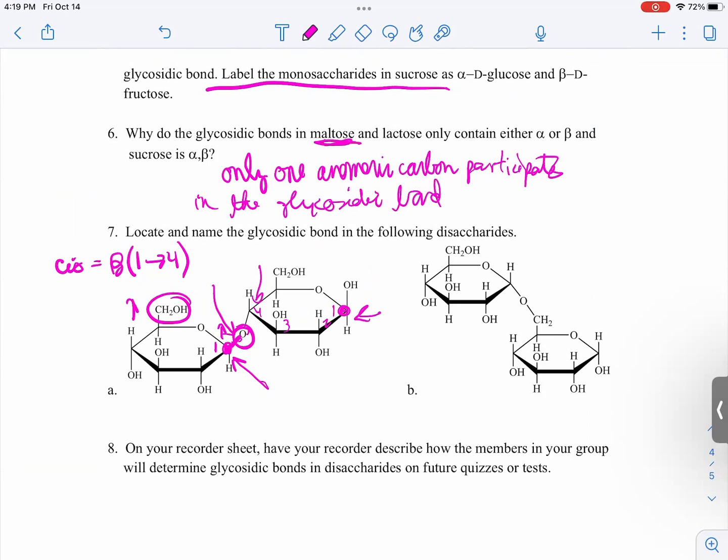So that's what's happening for maltose and lactose. And for sucrose, that's different, right? That's why these two are reducing sugars, maltose and lactose, but not sucrose. Okay, so we've done A.